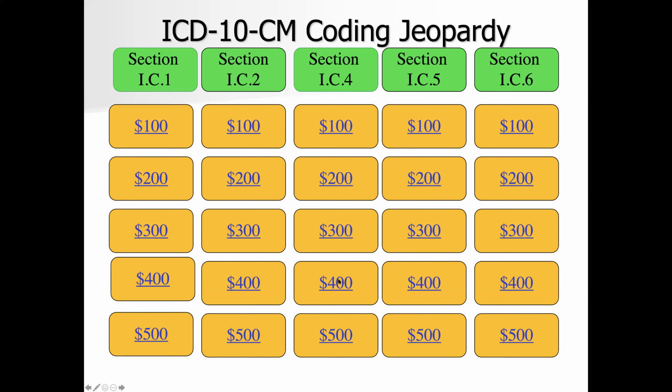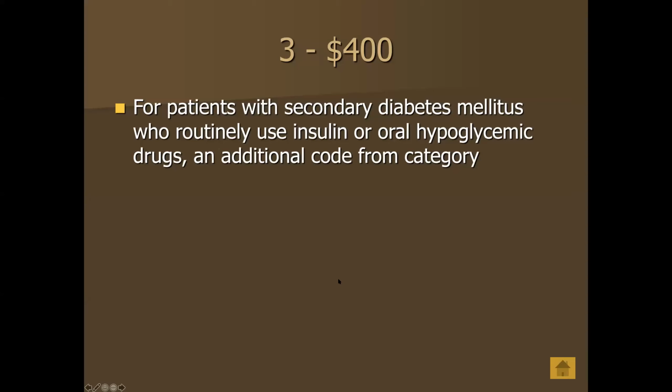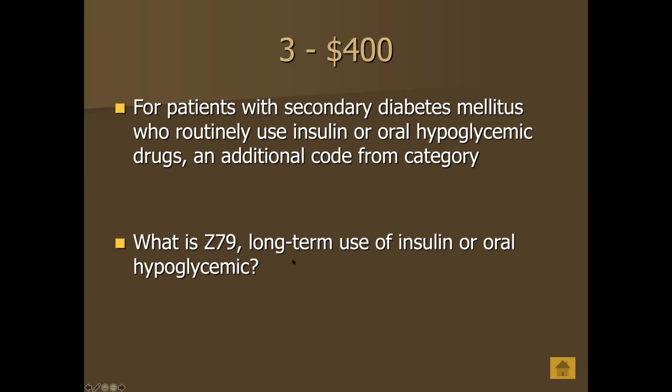For patients with secondary diabetes mellitus who routinely use insulin or oral hypoglycemic drugs, an additional category from code... What is Z79.4? Z79 is the correct category, and I'll excuse the 4 part because there's a code for insulin and a code for the oral, but we still got you on the board.